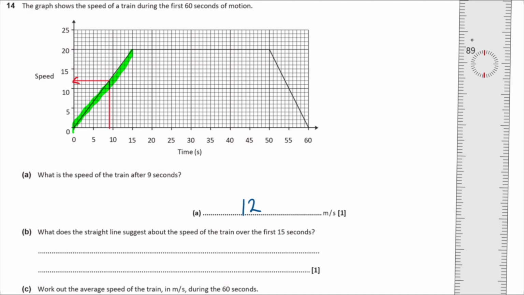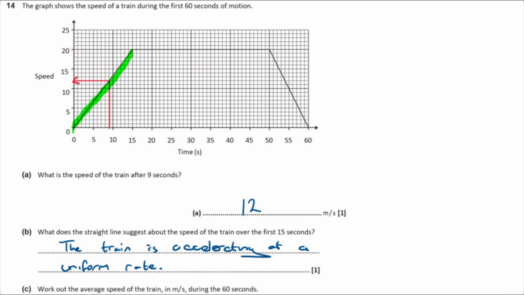Either is acceptable. So I'm going to say the train is accelerating at a uniform rate. Okay, and then we need to work out the average speed of the train in meters per second during the 60 seconds.